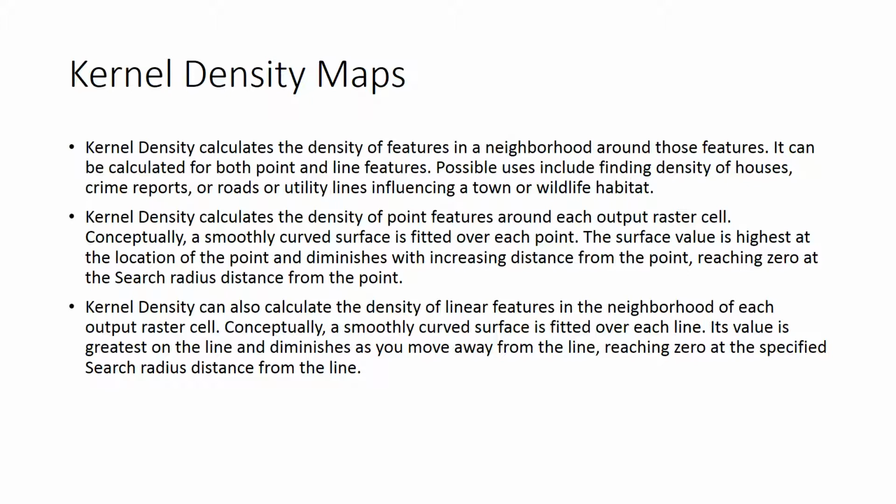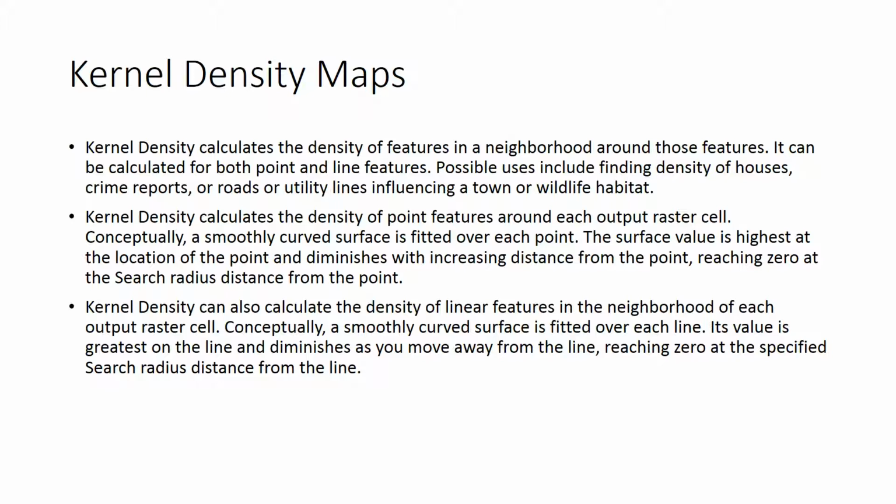Kernel density calculates the density of features in a neighborhood around those features. That's what it says. What does that mean? Okay, you identify an area around that, and you calculate or count how many of the other thing is occurring inside that area. And we can do this for points or for lines.